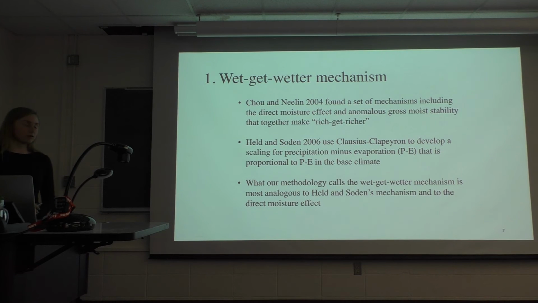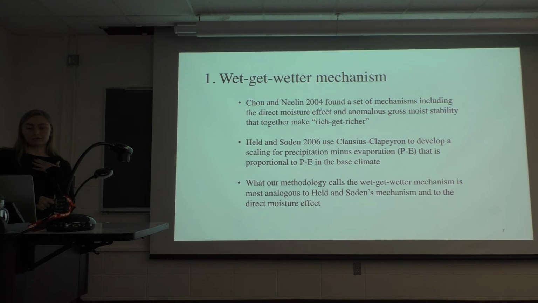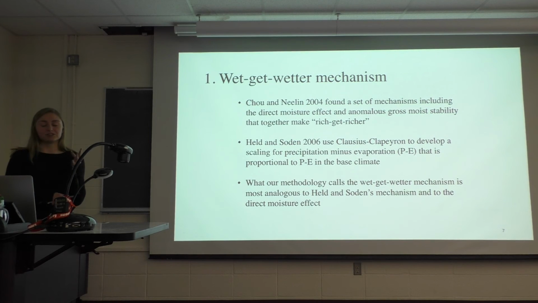So now I'm going to just talk a little bit more about each of these three mechanisms. The Whitewater Mechanism may be familiar to some of you. It's emerged in the literature in various forms. Chou and Neelin have a similar mechanism that they came up with using a moist static energy budget.